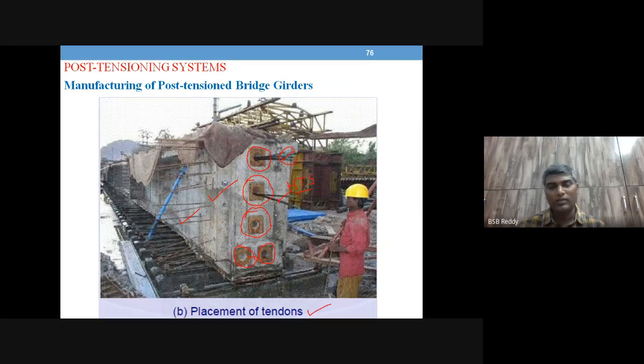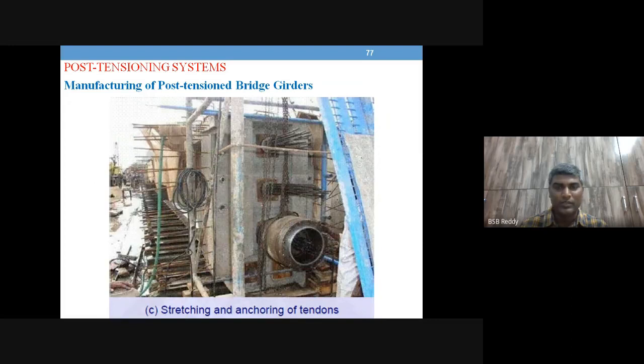If the other end is anchored, at this end we take up the jacking operation. That is what you see, stretching and anchoring of tendons. Stretching takes place only at one end. At the other end we will have anchors.